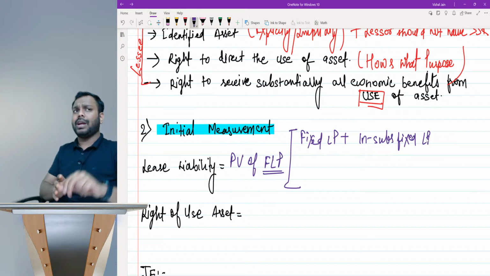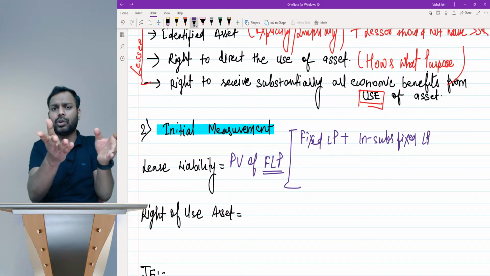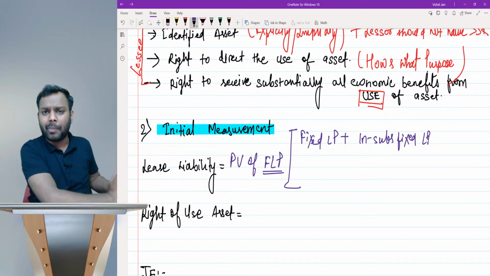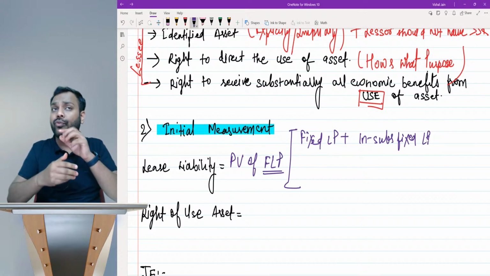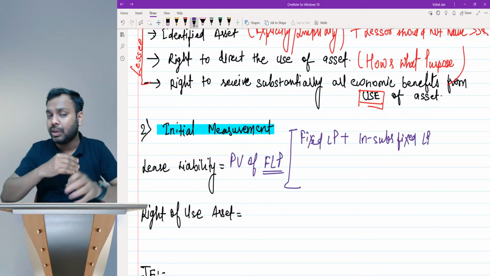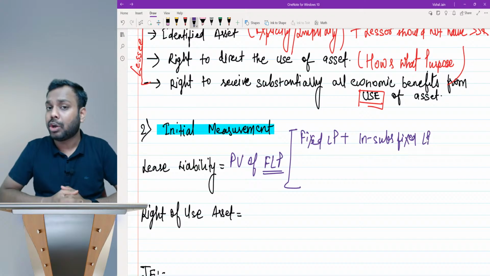Let's suppose if the 20% of the cash generated amounts to $12,000, how much will you pay? 20,000, right? If it is 18,000, how much will you pay? $20,000.